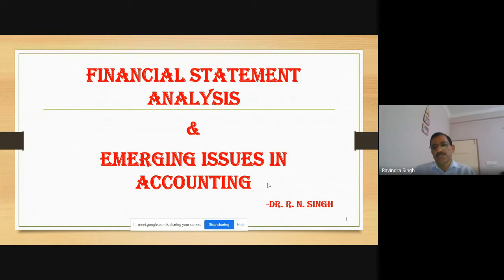Financial statements means the various reports you have seen in the parliament, that one day before the budget passing, the government finance minister puts some annual reports. So today we will start with what the reports are and what the broad factors of the reports are.